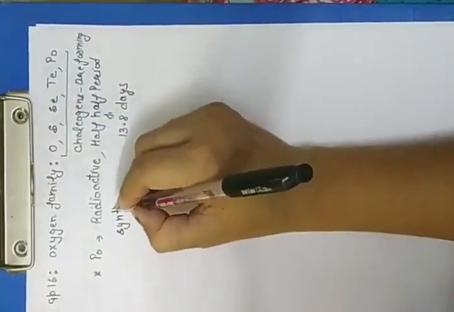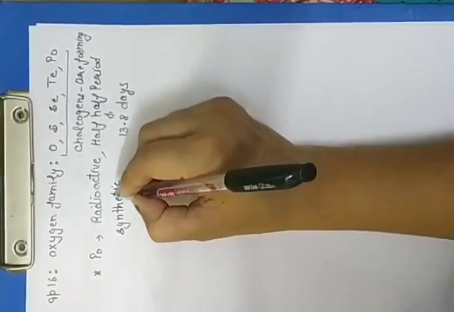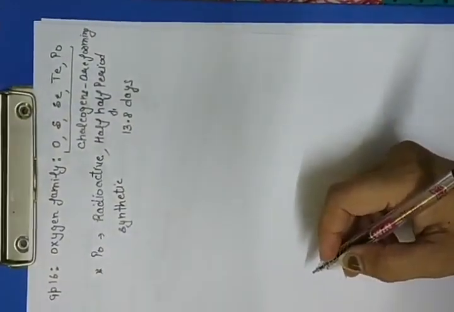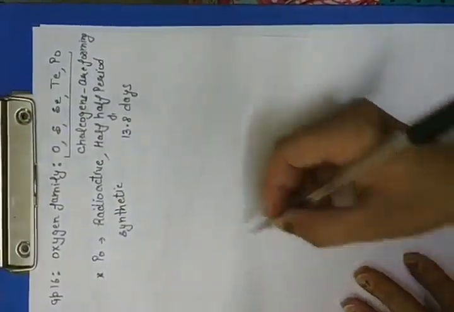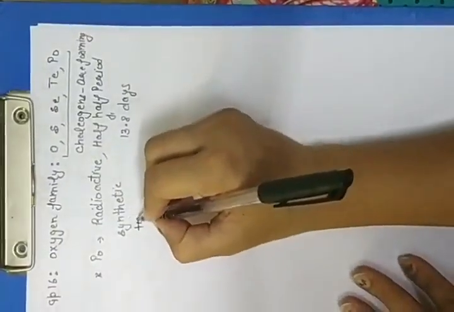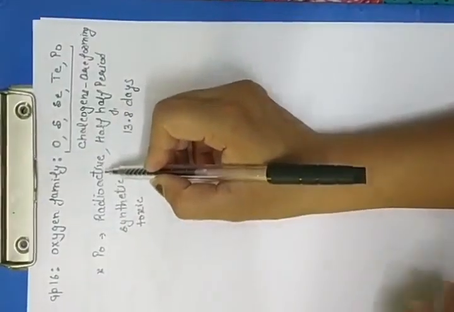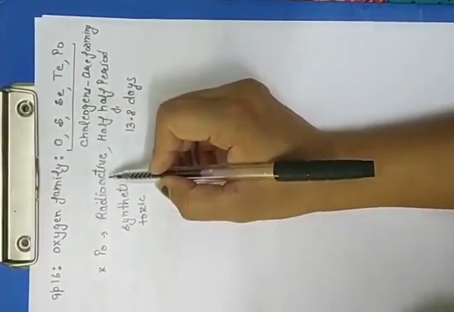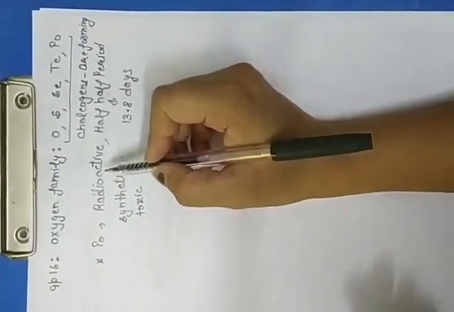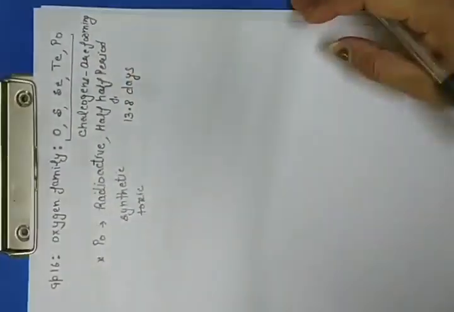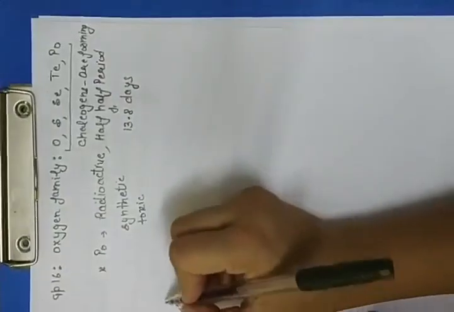It is synthetic, that is, it is not natural but an artificial element, and toxic in nature. As it is a radioactive element, we will not study it with the rest of the elements.